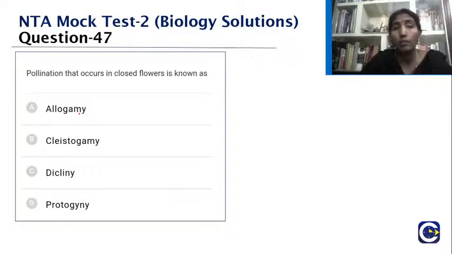So this will not be the option. What about dicliny? It is a monoecious plant, where both male and female flowers are on the same plant. So this will not be there. What about protogamy? Here the pistils mature first, before the males mature. So this will not be the option. So cleistogamy is the right answer.